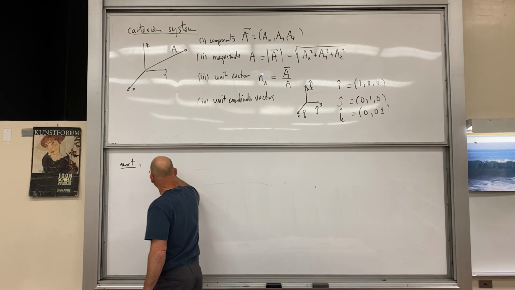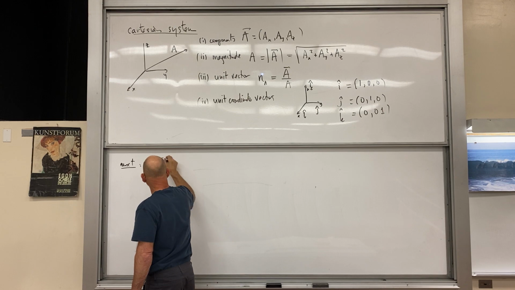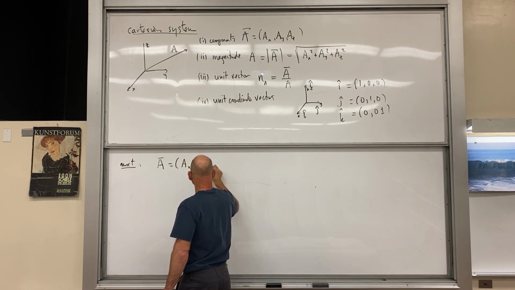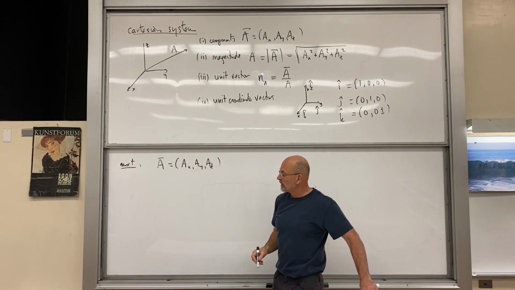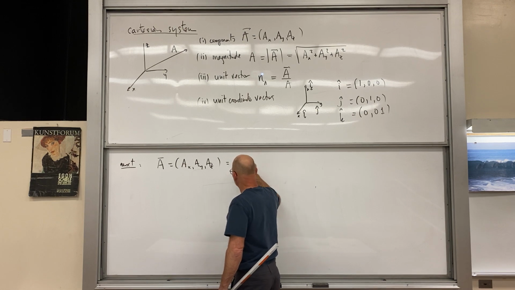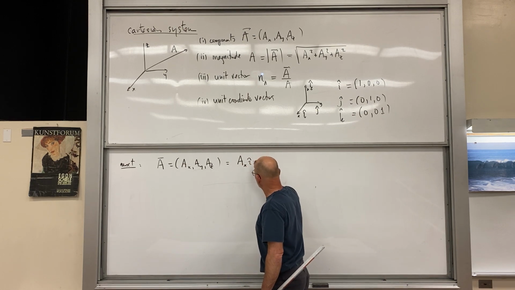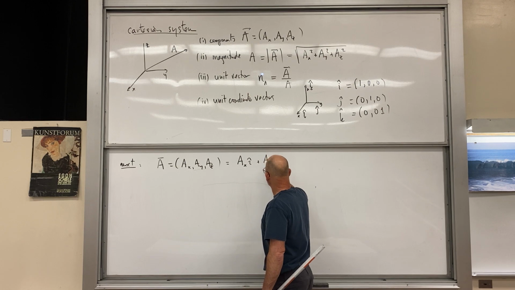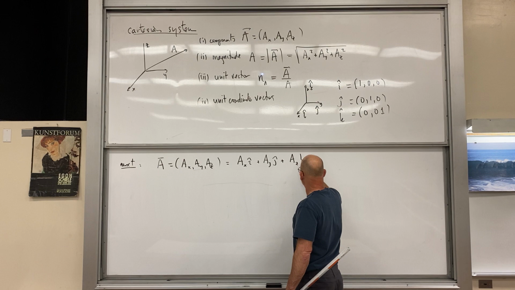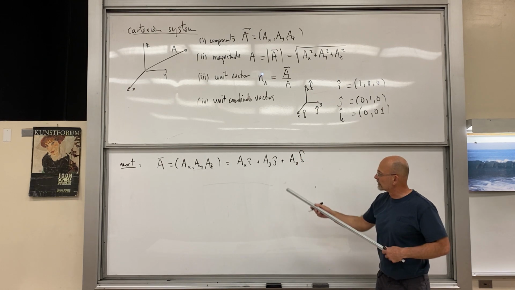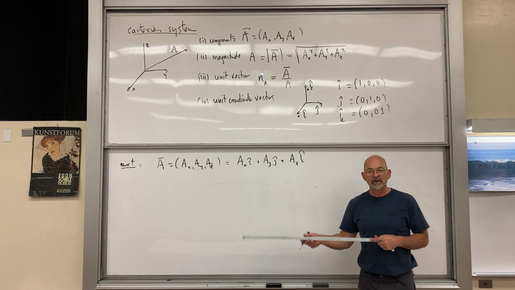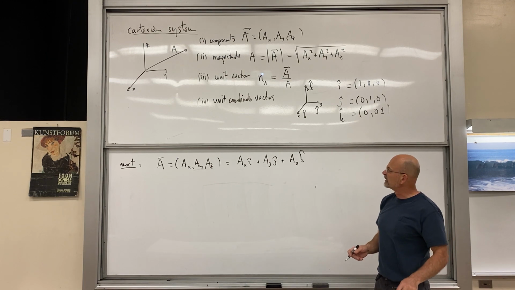We can write the vector A, which is Ax, Ay, Az, an ordered triple. We can also now say that it is Ax, which is a component, times i hat plus Ay times j hat plus Az times k hat, right, in terms of those unit vectors. So we just want to become comfortable seeing this in any of these forms.